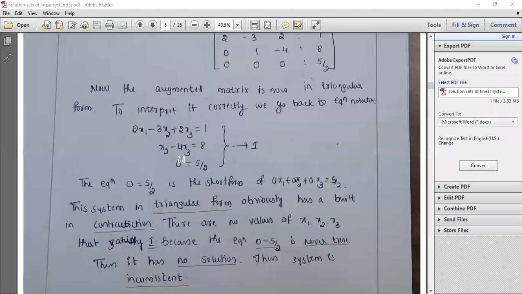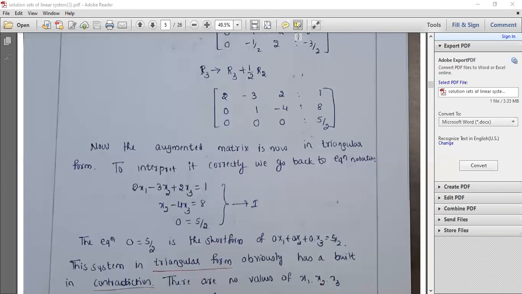So if this kind of equation comes into the picture in the linear system once you do the row operation, then the system has no solution. If the system has no solution, then the system is inconsistent. So always remember, we have a theorem of that type.